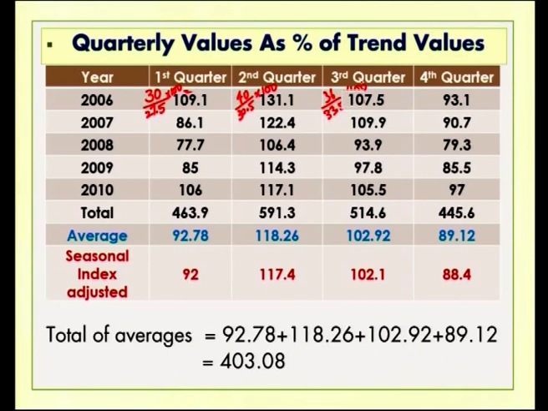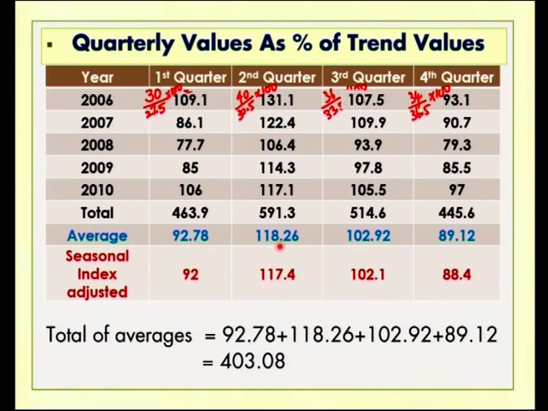Corresponding to the fourth quarter, 34 by 36.5 into 100 is 93.1. Similarly, the average values are calculated. First, the total of these values, 109.1 plus 86.1 plus 85 plus 106, is 463.9, and divided by 5 we get 92.78.